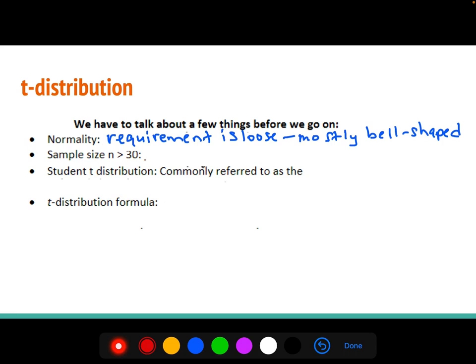For your sample size, we'd like to have it greater than 30, but between 15 and 30 is okay. And then we call it the student t-distribution, which is the same thing as when we abbreviate it, just the t distribution.